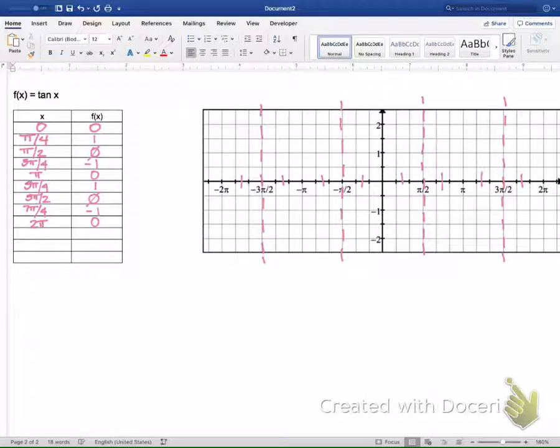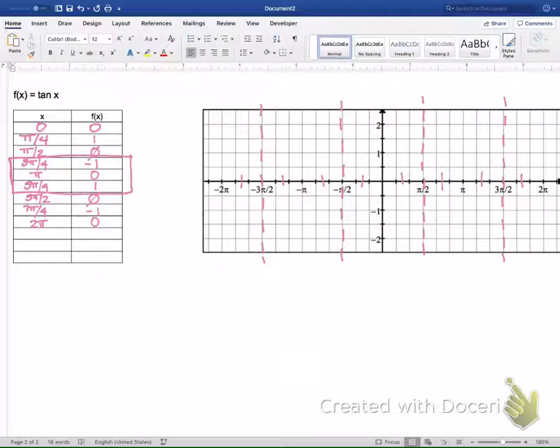Then I'm actually going to graph this set of points first. That set of points is going to give me a good picture of what one of them looks like, because if you notice, if I started at 0, I only kind of have one section of that middle section since it goes all the way over to negative pi over 2.